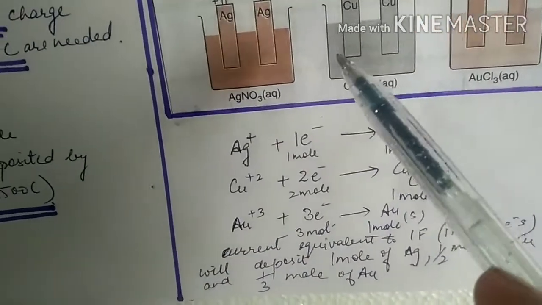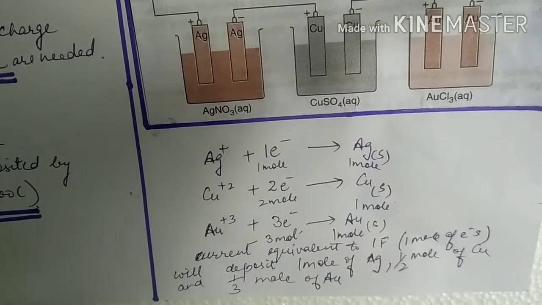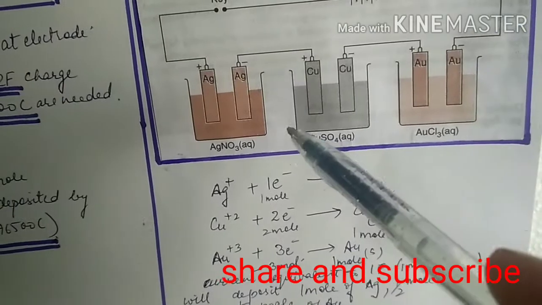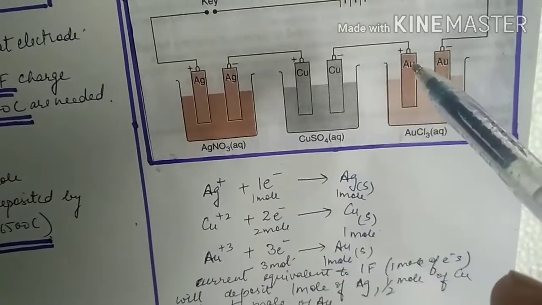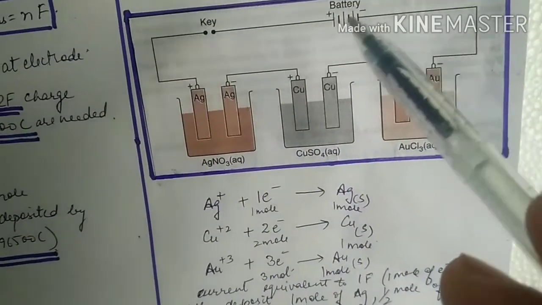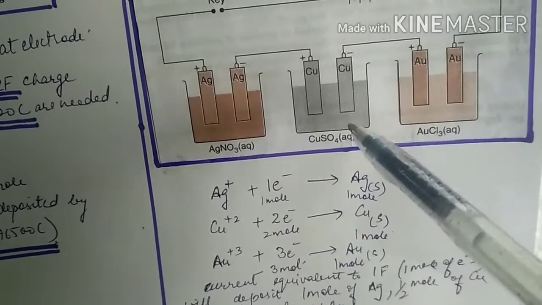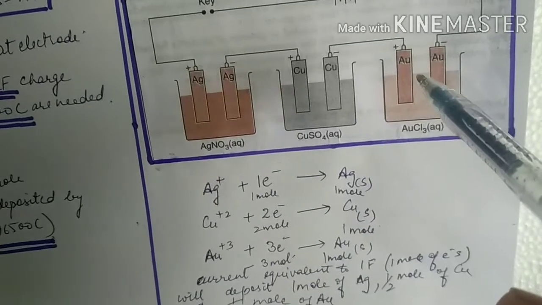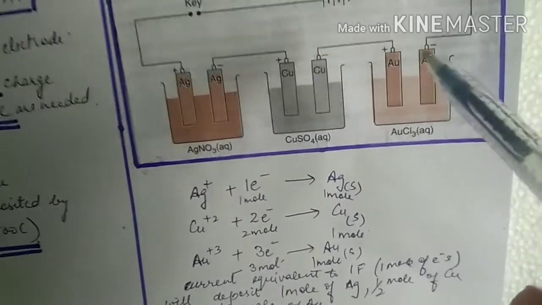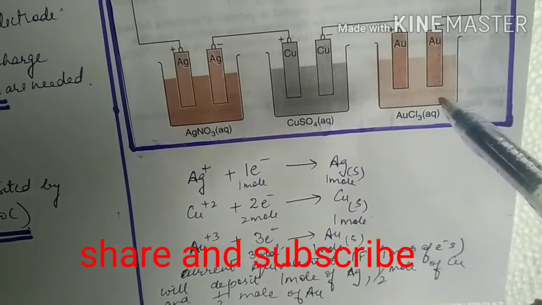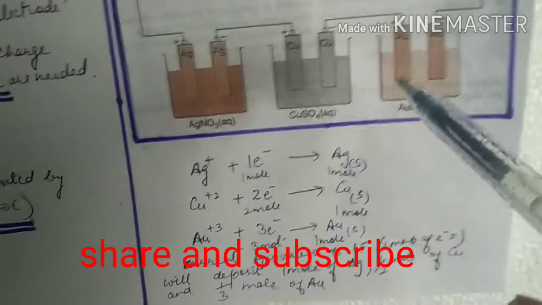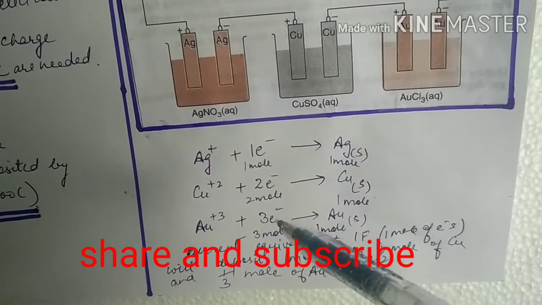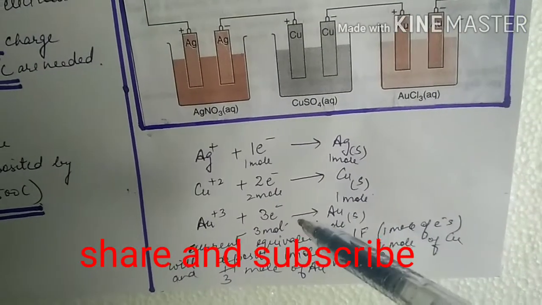So the same amount of electricity passed through the 3 electrodes connected in series will deposit substances in ratio of their equivalent weights. Equivalent weight is their molecular weight divided by the number of electrons involved in their electrode reactions.